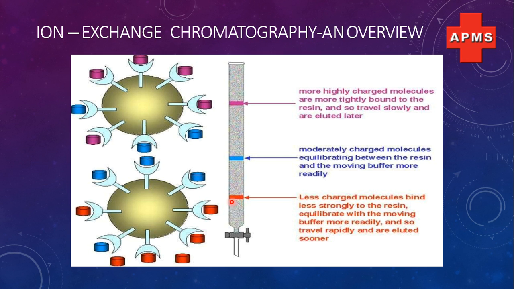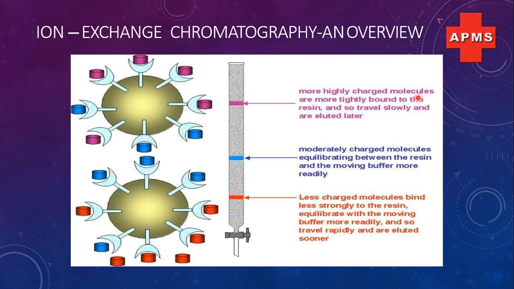So first, see, this orange color component is moving faster inside the column, and this pink color component moves very slowly in this column. This is a more highly charged molecule. See, if the quantity of charge is very high on a sample component, then it will be more attracted by the stationary phase in this ion exchange chromatography.